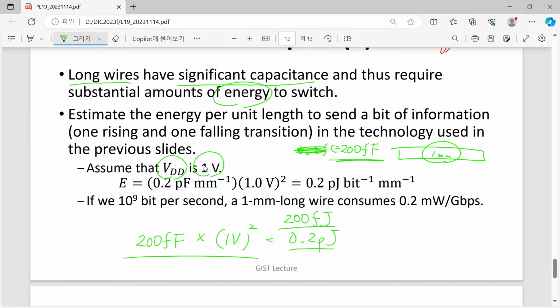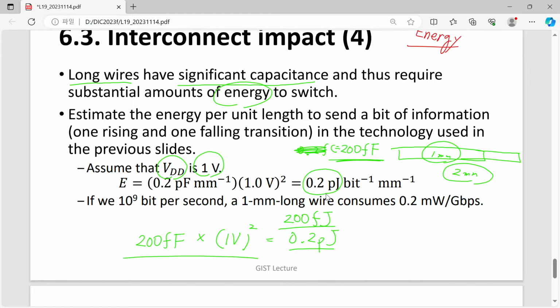And now let's think about a twice longer metal wire, 2 millimeter. Then what will happen? In this case, of course, we have twice larger capacitance. So you can see that for this technology, we spend 0.2 picojoule per 1 bit switching. 1 bit means 0 to 1 and 1 to 0.